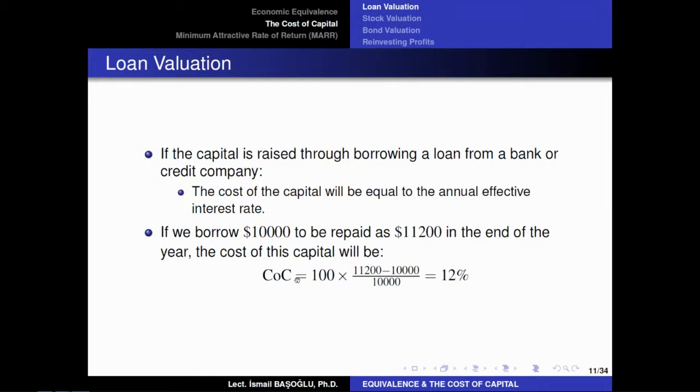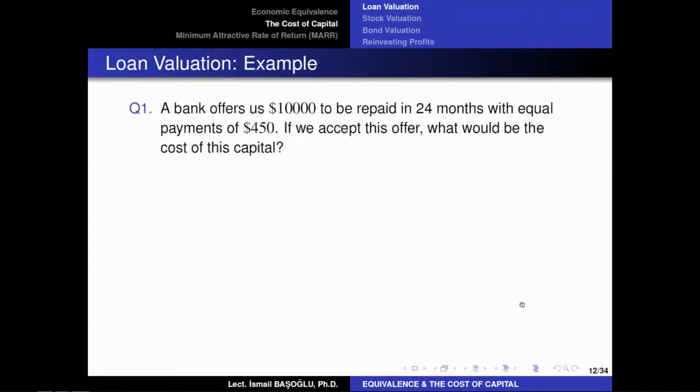We say that the cost of the capital for a loan is (11,200 minus 10,000) divided by the initial principal, the initial borrowed amount, multiplied by 100, so we can convert it to a percentage. The cost of this loan is 12% interest.